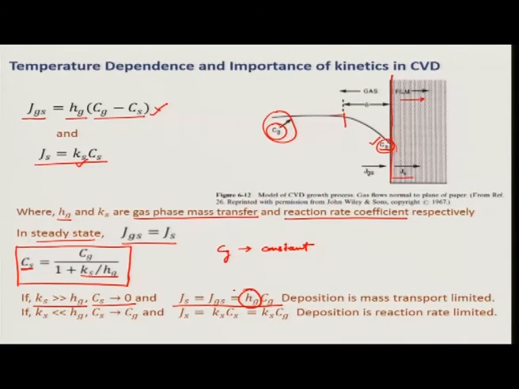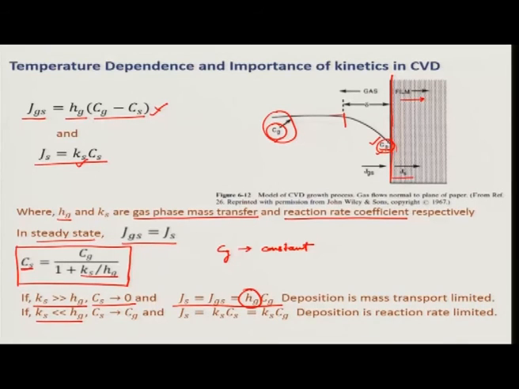On the other side, if my mass transfer is very high and reaction rate is very slow, then these two concentrations will become equal, because my mass transfer is very fast and I am not able to use the concentration at the surface to convert into thin film at a higher rate.